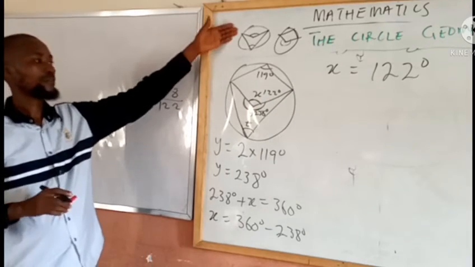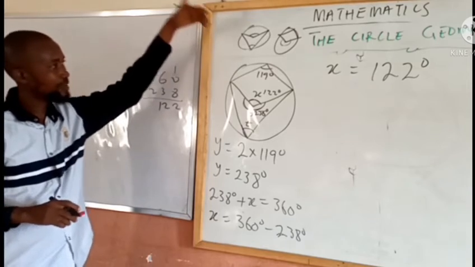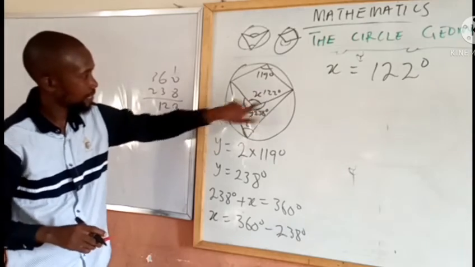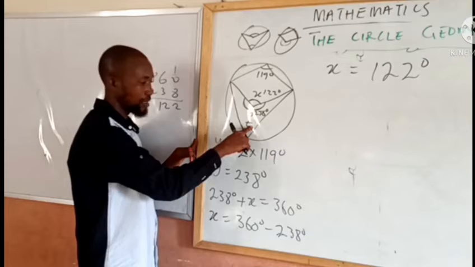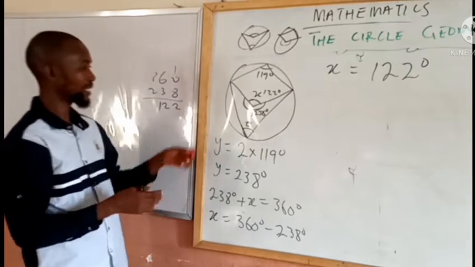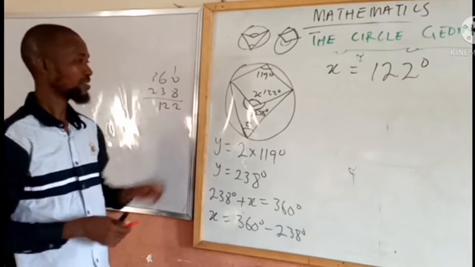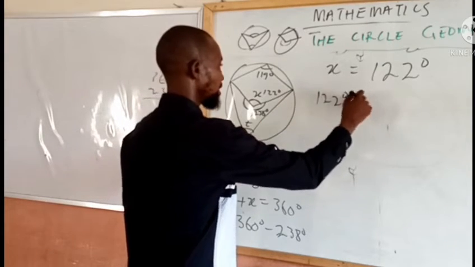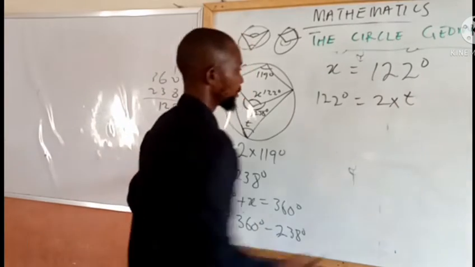Now we can make reference back to this diagram. Now remember, with this kind of diagram, this is the center. So we can see, when we consider this diagram like this, its center angle is now 122. But the circumference angle, we are yet to get. So we are now going to relate the two by saying that what we have at the center is 2 times whatever we have at the circumference. That is 122 degrees is 2 times what we have at the circumference, which is what? t.